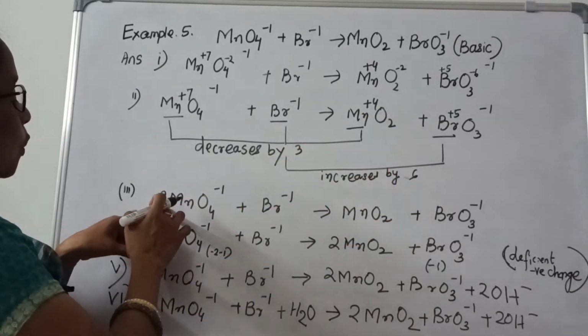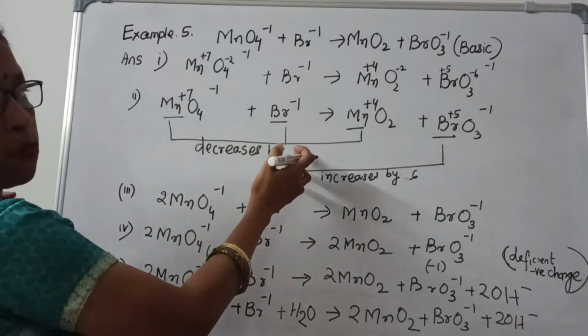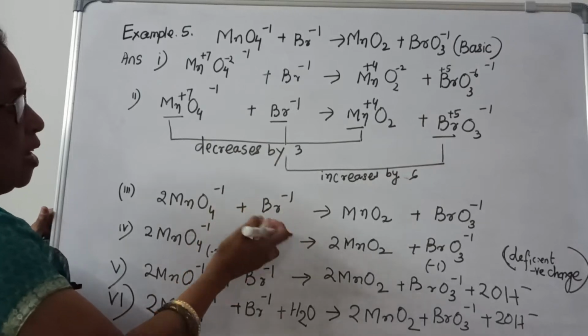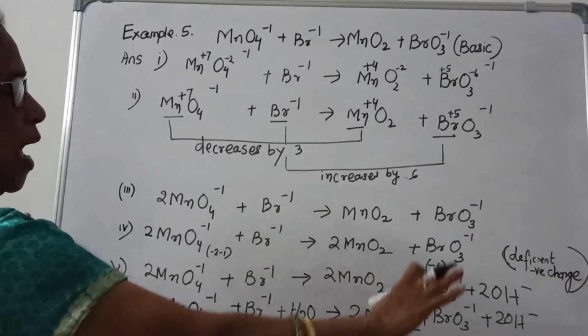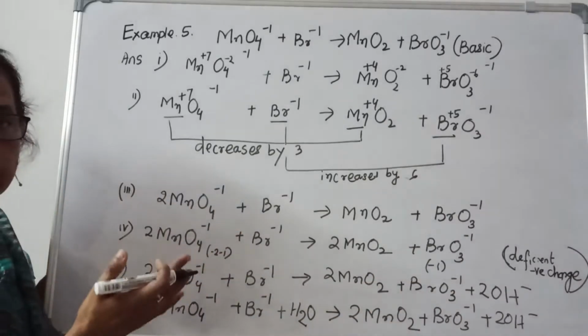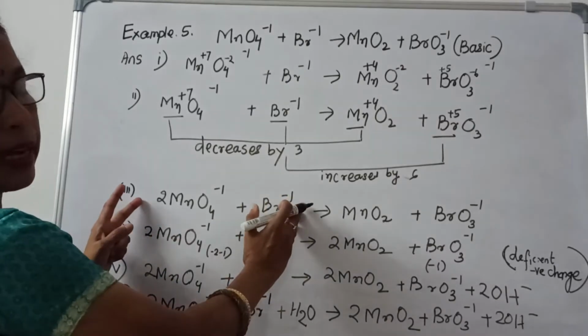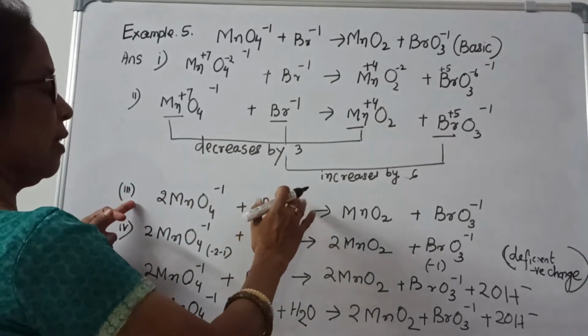That is why 2 MnO4 minus. And bromide, since it is 1 time, nothing here, simply 1 is there already. So Br minus. The product side you put as it is, but in this equation, the oxidation number is equated on the reactant side.